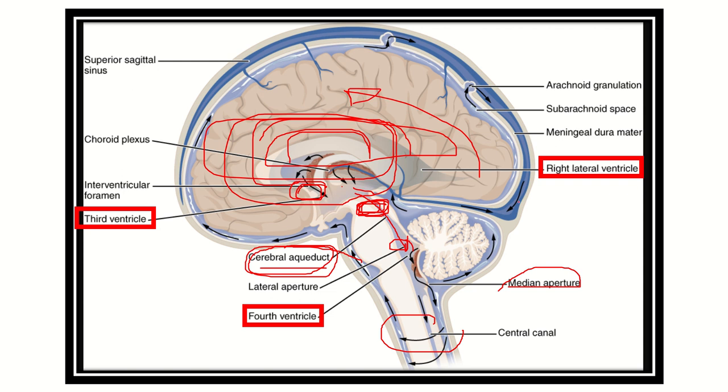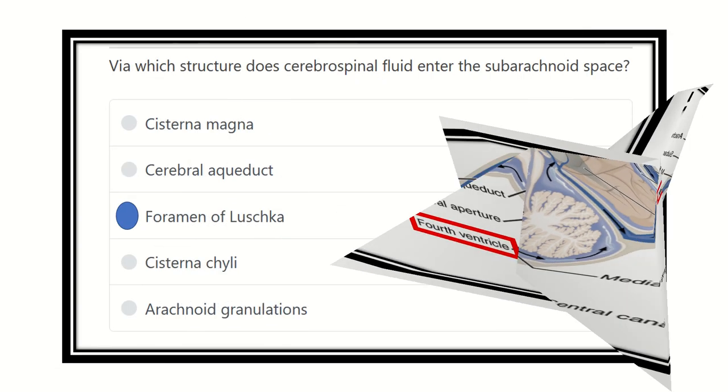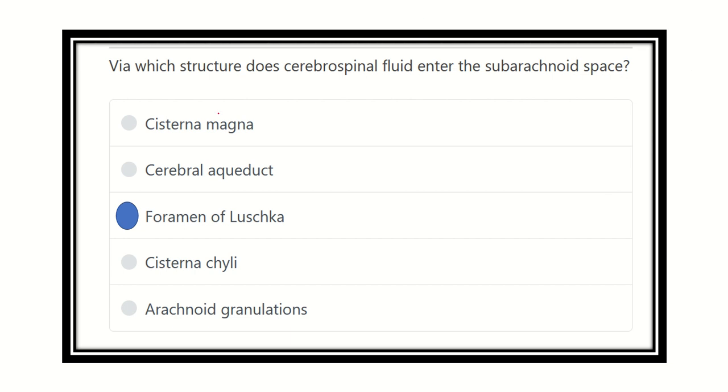And in the brain, it finally goes to the superior sagittal sinus, and here we can see the granulation, which is the arachnoid granulation. So now it is clear: via which structure does the cerebrospinal fluid enter the subarachnoid space?